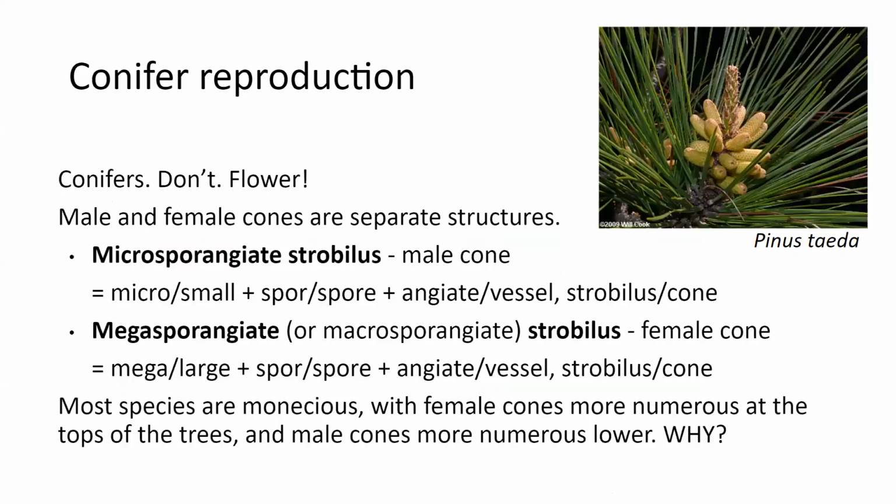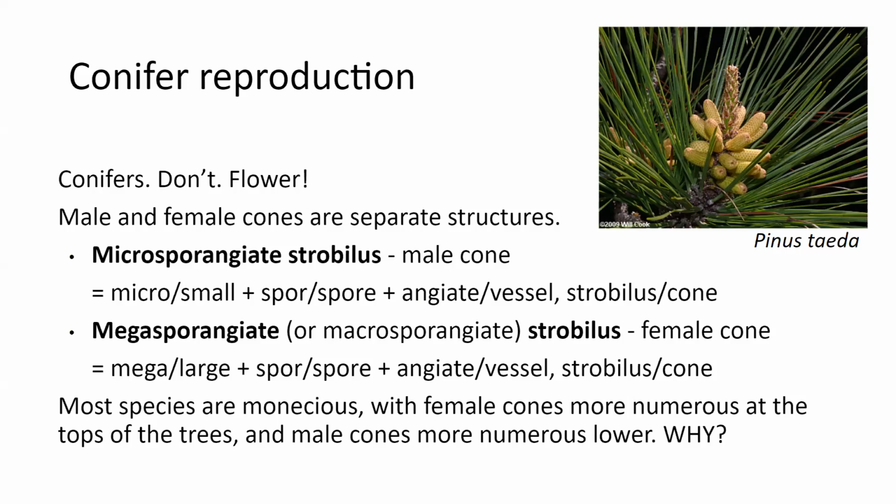So remember, conifers don't flower, right? Flowers are reserved for flowering plants, which are angiosperms. Conifers and gymnosperms are more primitive, and they have cones. So we have male and female cones. These are separate structures in these gymnosperms. Let's break those down a little bit more.